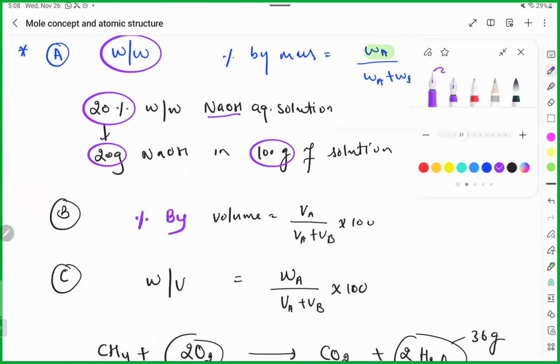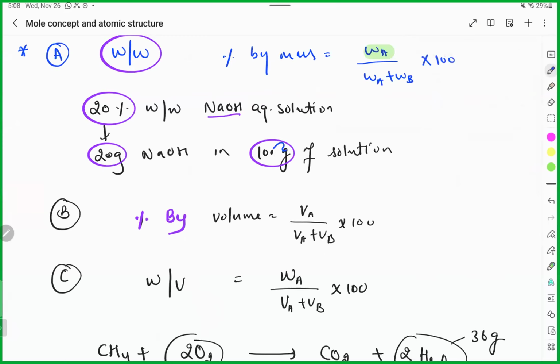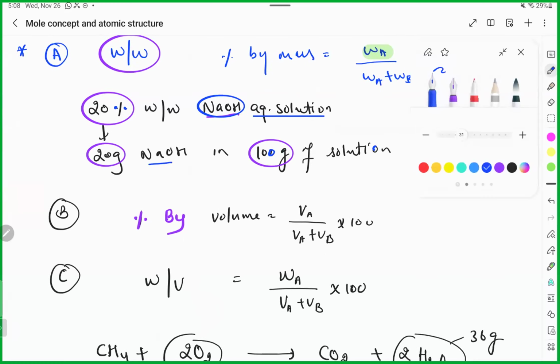In this situation, if 20% weight by weight NaOH is given in aqueous solution, 20 gram is NaOH, total mass is 100 gram of the solution. Tell me what should be the amount of solvent? 80.